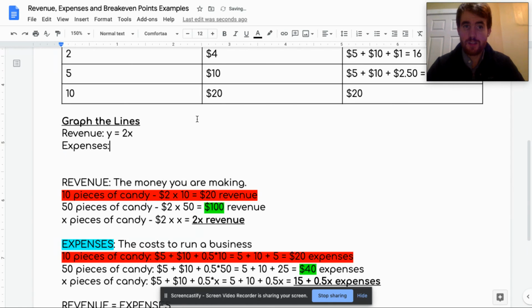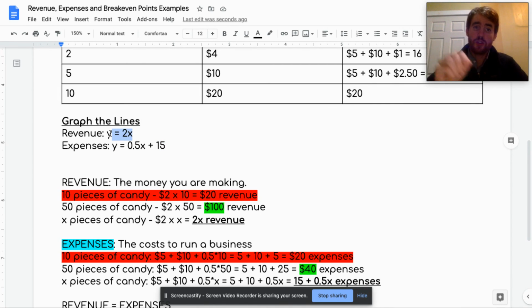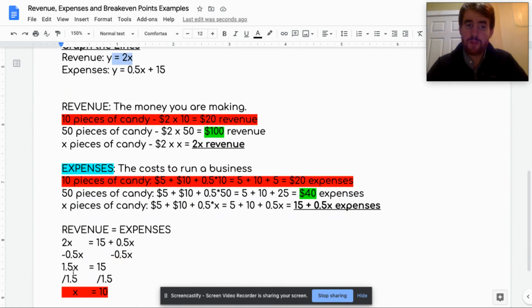And the expenses will be a graph that is y equals 0.5x plus 15. Graph both of these, and I can't draw it on here, but if you get a piece of graph paper or even an internet app that graphs it, you'll see two lines, and those two lines are going to cross at some point, and the point where they cross, that's the break-even point. So that's another strategy you could try. Of course, you can also do the algebra that we did before.